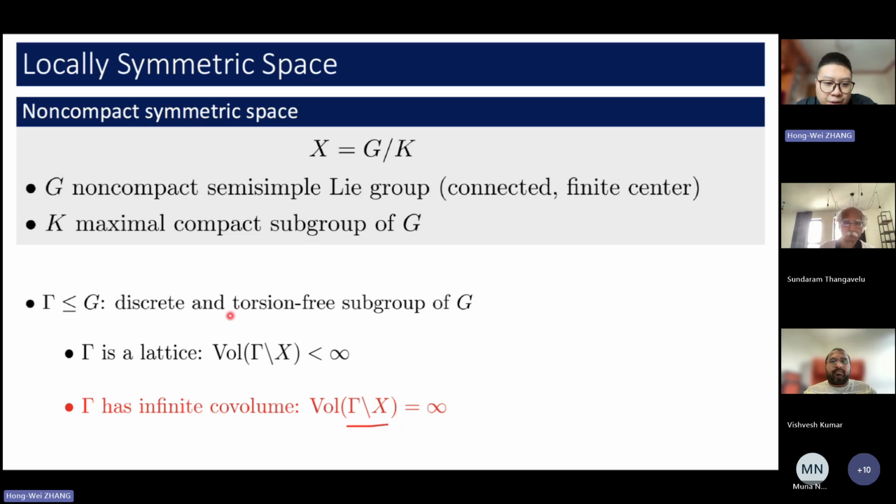Here, torsion free means that there is no finite order element except for the identity. With this assumption, we can guarantee that this locally symmetric space is still a Riemannian manifold with the metric structure coming from the symmetric space. So this is a general assumption.